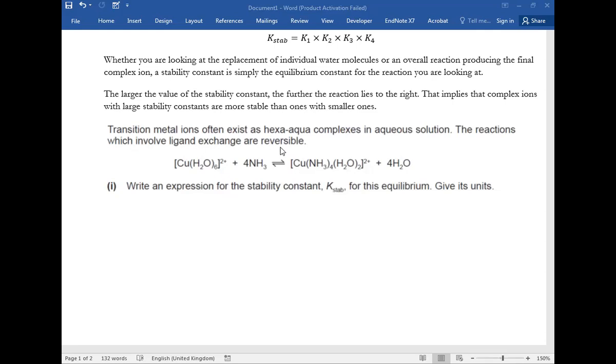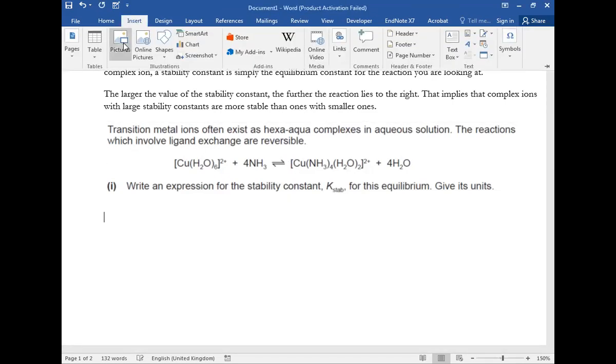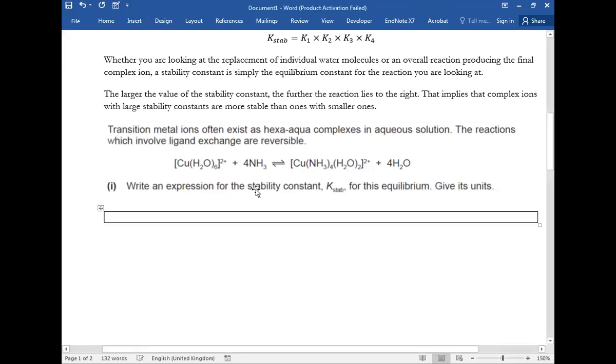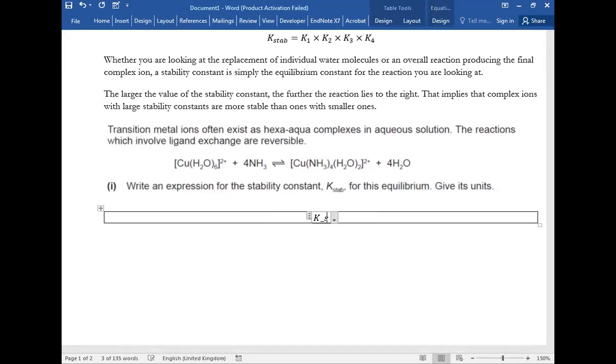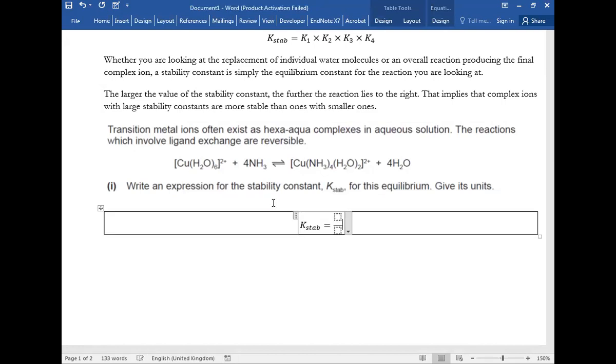Give its units. Yes, class, can you do that? We have not yet worked out the units. Can you tell me what the expression will be? K stab will be equal to what?